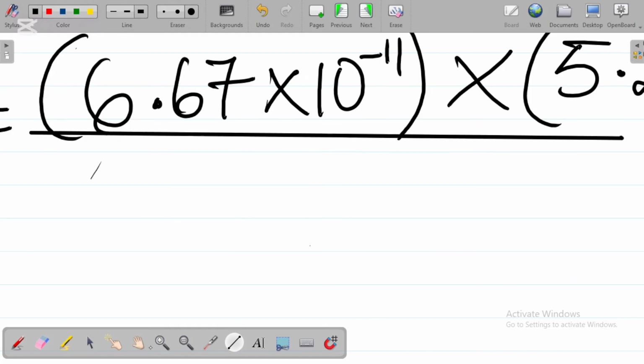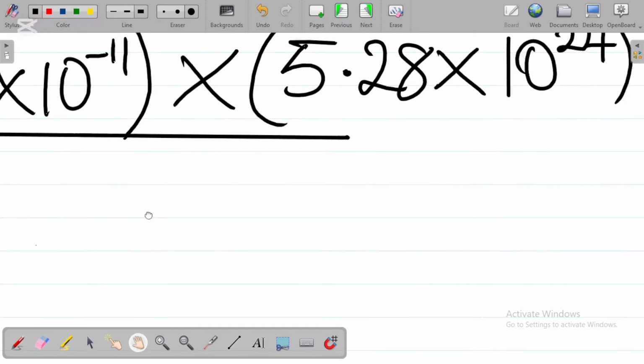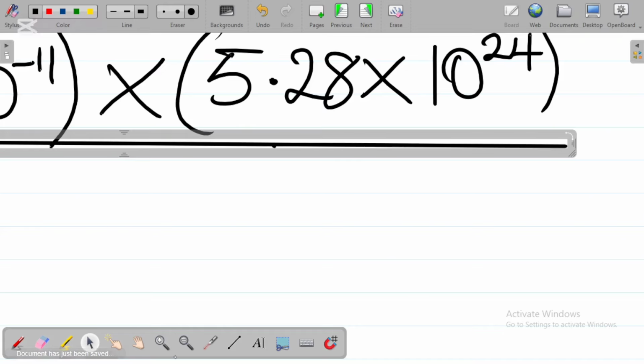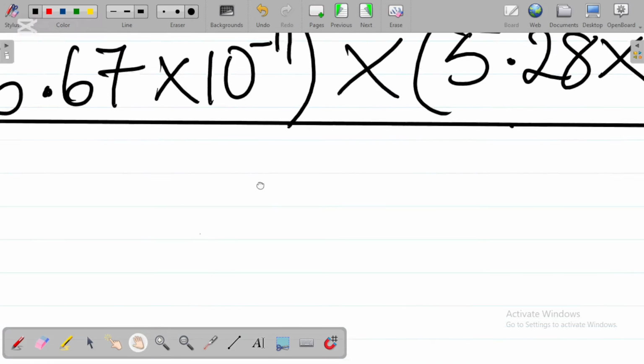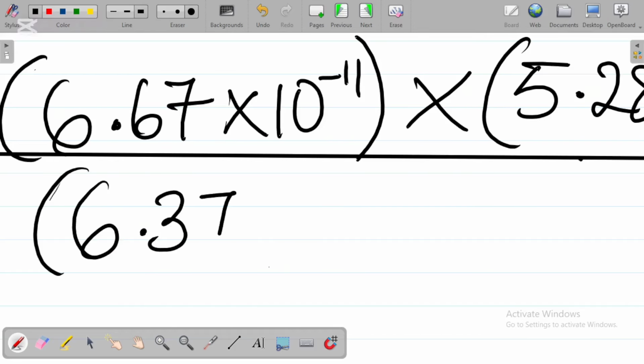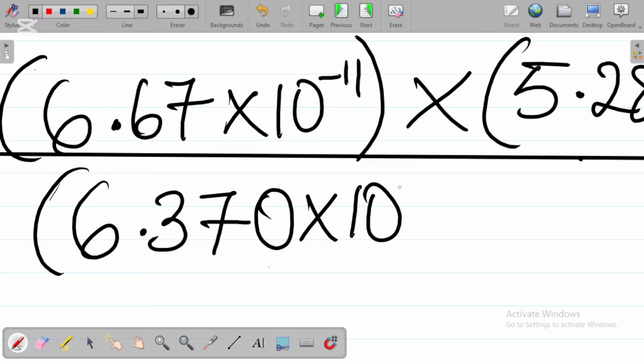And then all over the radius of the earth, which is 6.370 multiplied by 10 raised to power 6.